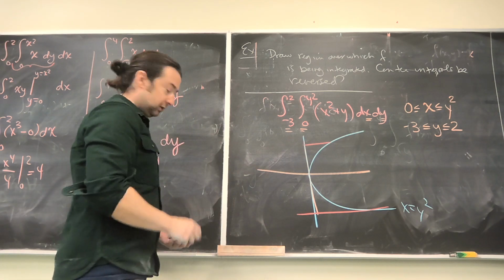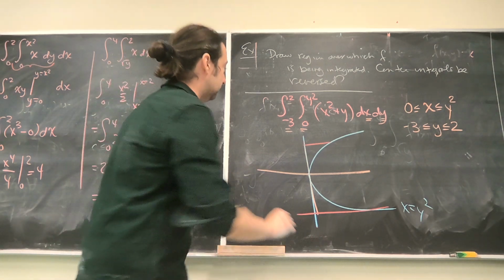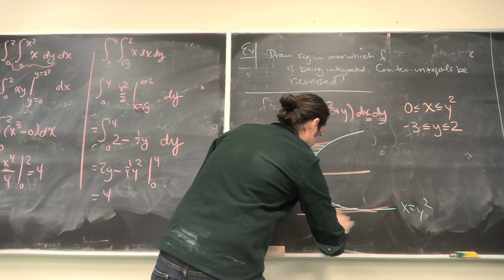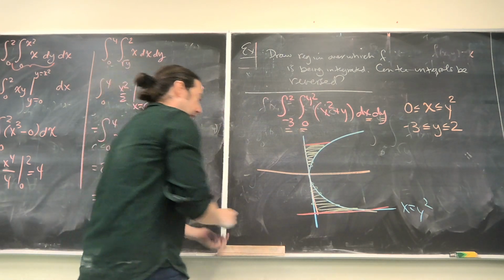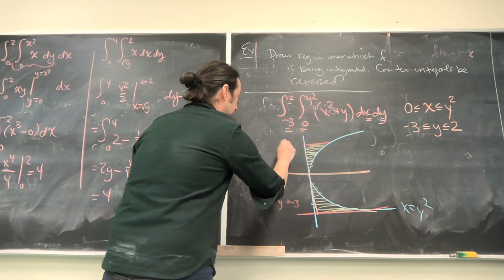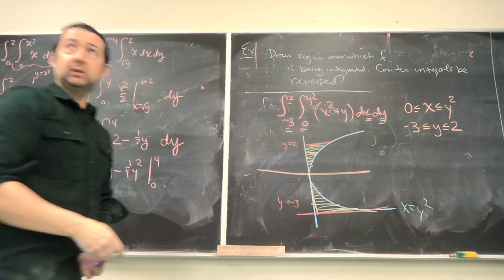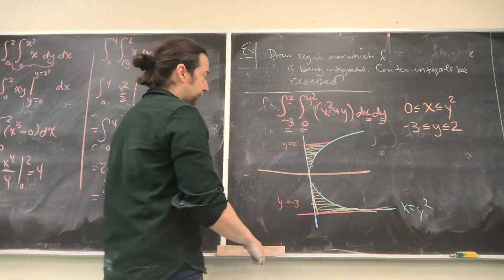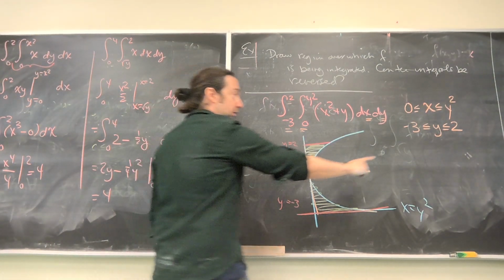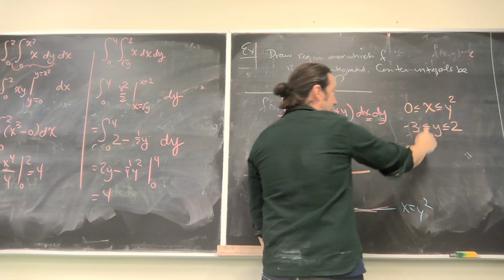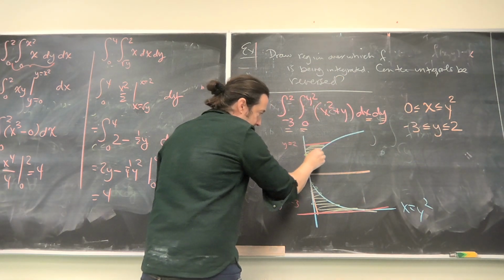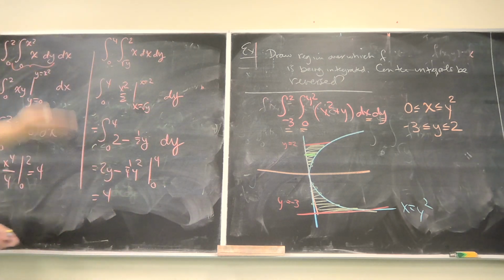And the specific region that we're integrating over looks like this. Y equals -3 to y equals 2. And the way that we've set this up is we're imagining that for a fixed value of y, we have values of x that are traveling between 0 and y squared, which means that the rectangles that we're thinking about run this way, right? It's a slice in this direction.